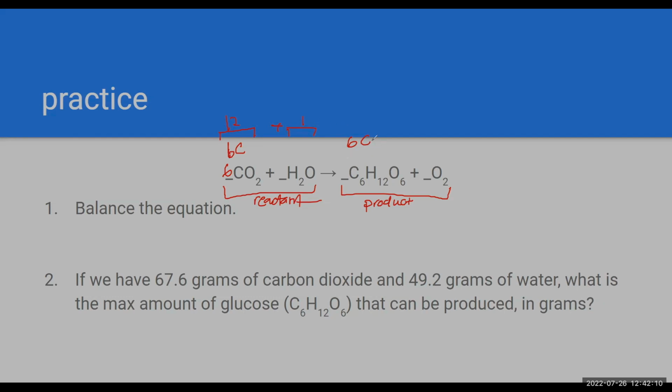But on the right side, we have a total of 6 plus 2. So the right side has 8 and the left side has 13. So it's still not quite balanced. And basically what we're trying to do is just balance out the entire equation so that they all have the same number of atoms. So I'm going to rewrite the whole reaction.